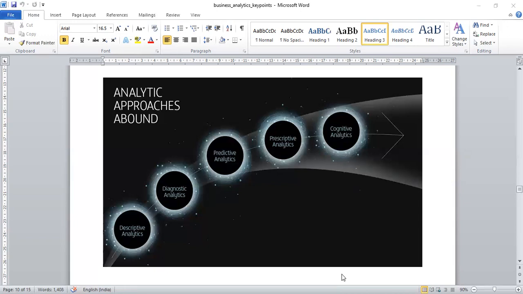Suppose in oil and manufacturing, it will be tracking the fluctuation in price. In manufacturing: improving equipment management, maintenance, price modeling, production, storage.